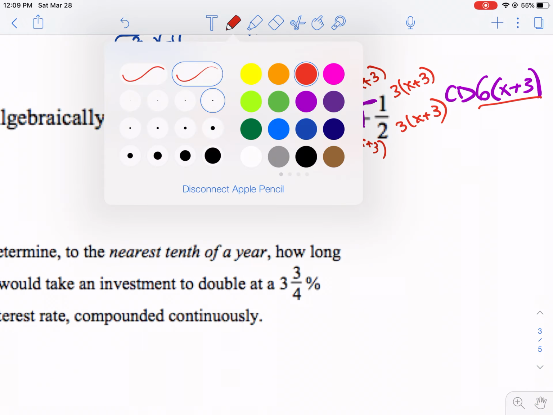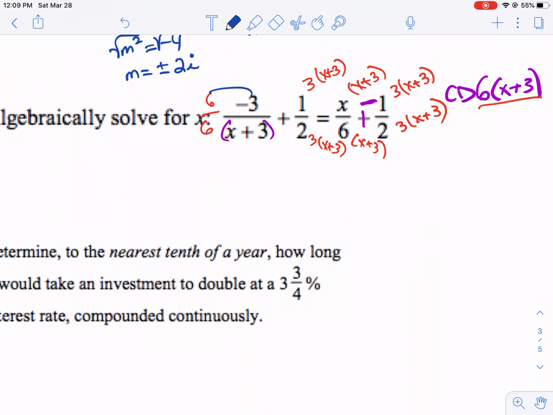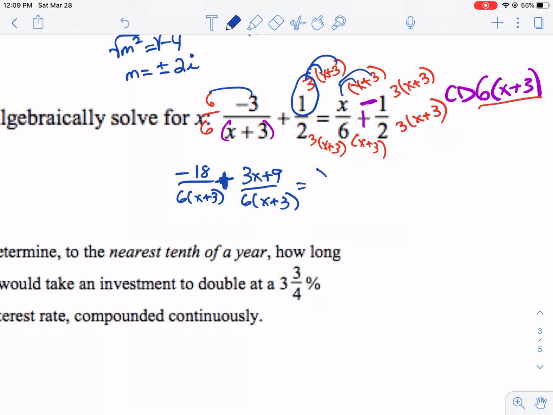All right, let's multiply. That gives us negative 18. 1 times 3 is 3, so I'm distributing the 3. Oops, that's a plus. 3x plus 9. And distribute the x. There's x squared plus 3x.